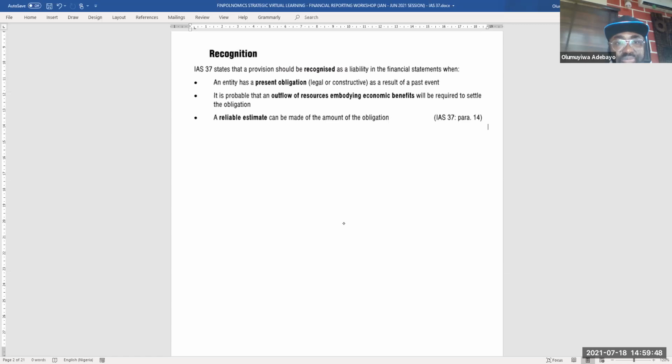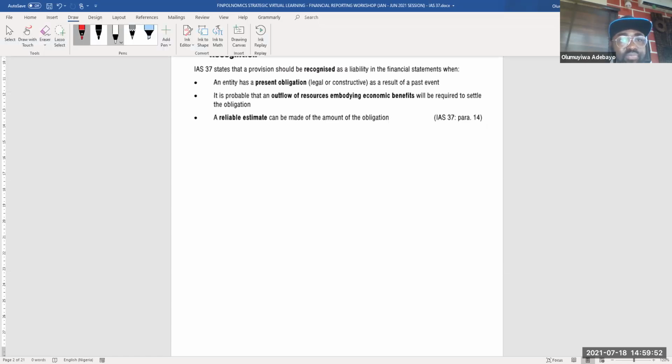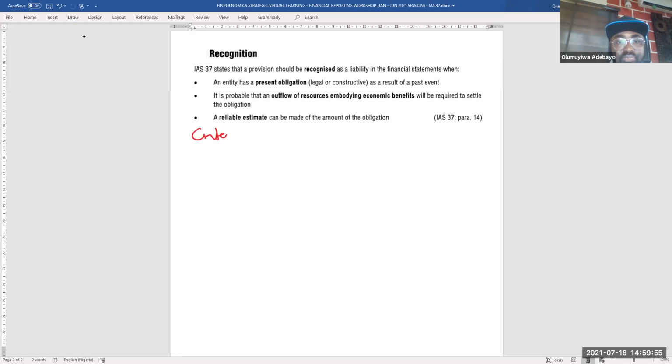The first condition is that there must be an established present obligation.